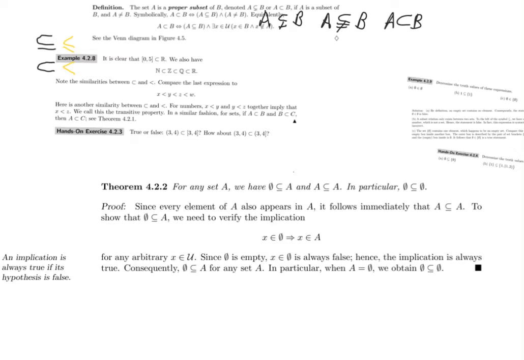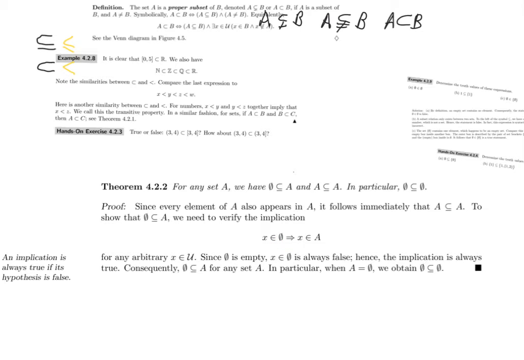The important thing to note about this theorem is this part right here. This is a very useful idea. If you're trying to show using the definition of a subset that the empty set is a subset of A, what you're going to have to show is that if x is in the empty set, then x is in A. Now that should seem weird immediately because nothing is in the empty set.